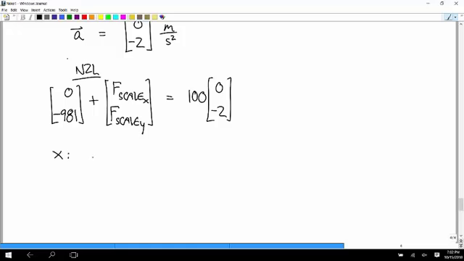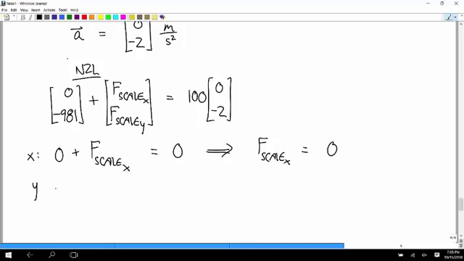So the X equation says 0 plus F scale X is equal to 0. So F scale X is equal to 0. And the Y equation says negative 981 plus F scale Y is equal to negative 200.